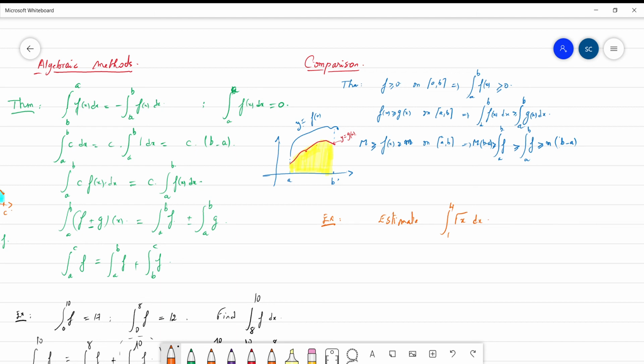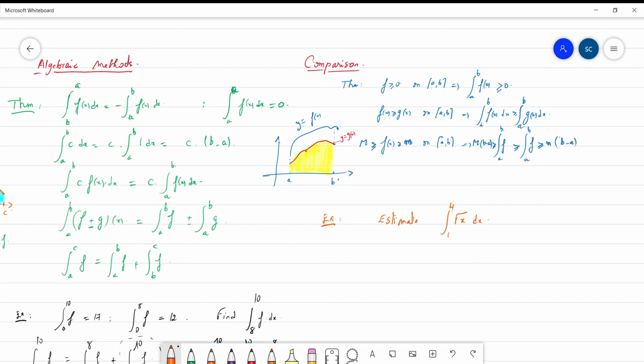Using Riemann sums, it's not easy. You have a square root function with the sums, and it's not easy to find the formula depending on n and then take the limit. We can of course find an approximate value with fixed n. Let's use estimation here.